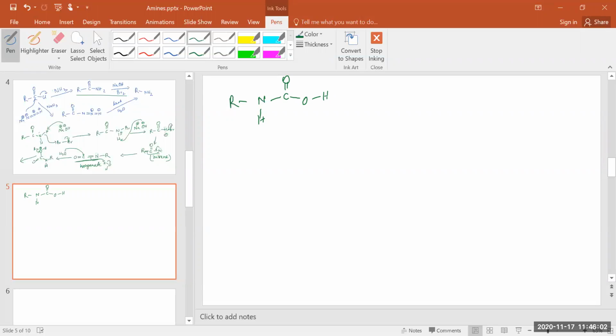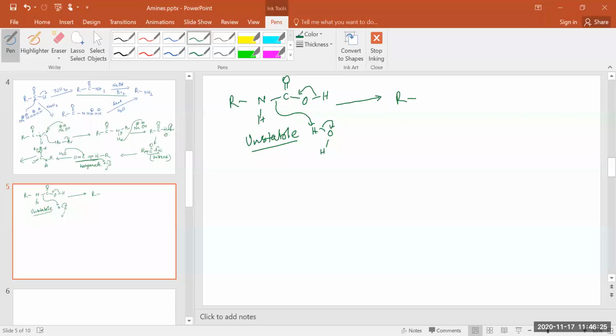Then what will happen under heat is that this is very, very unstable. From another water molecule, it decomposes and takes a proton from here.